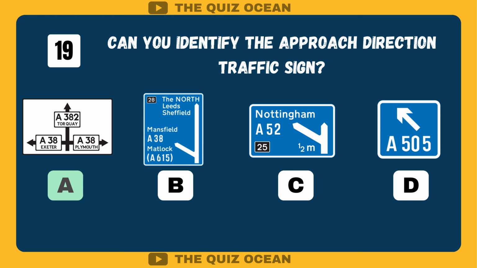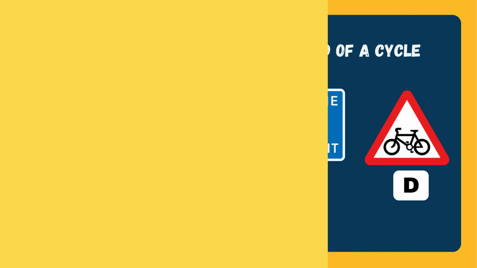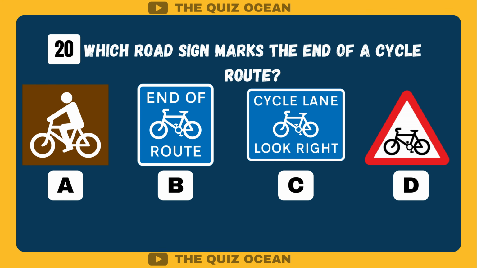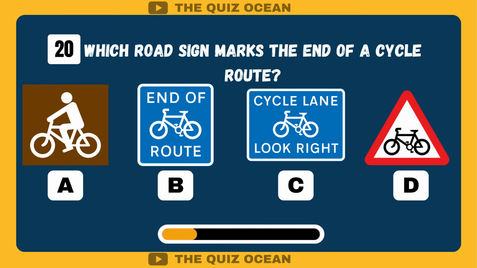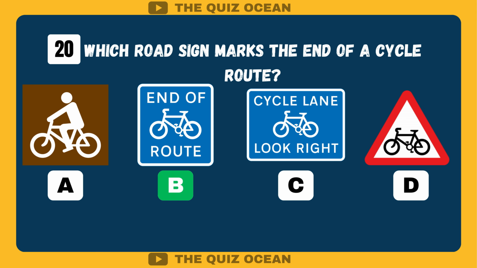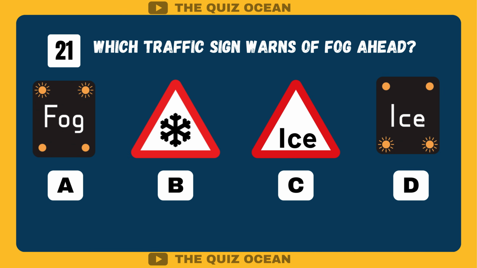The answer is A. Question 20. Which road sign marks the end of a cycle route? The answer is B.